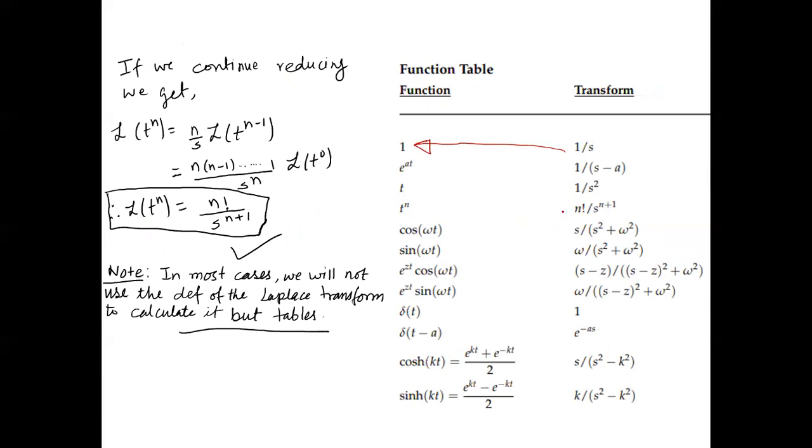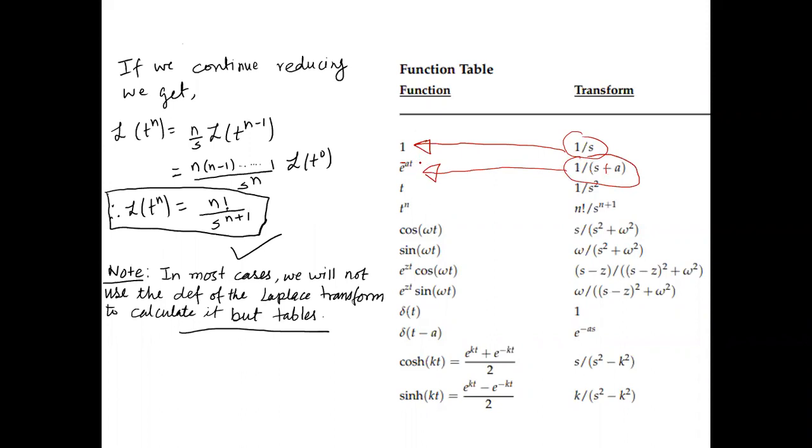Similarly, what is the inverse Laplace transform of 1 over s plus a? You have to use this formula here and go back inverse, okay? 1 over s plus a is e to the negative at, okay?